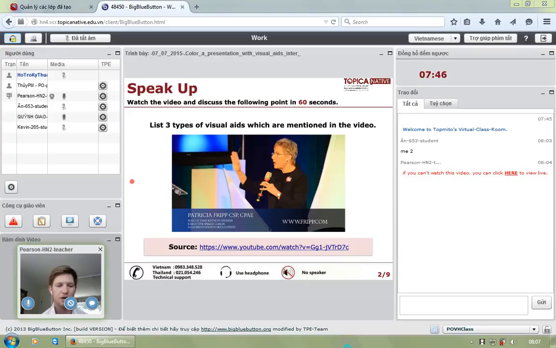Yeah, flip chart. Okay, good. And I think flip chart and paper are smaller visual aids that may be used in the process of creating your speech or presentation. But I think that PowerPoint was the main one, and then also whiteboard is what she said. And of course, a whiteboard is just a marker board.